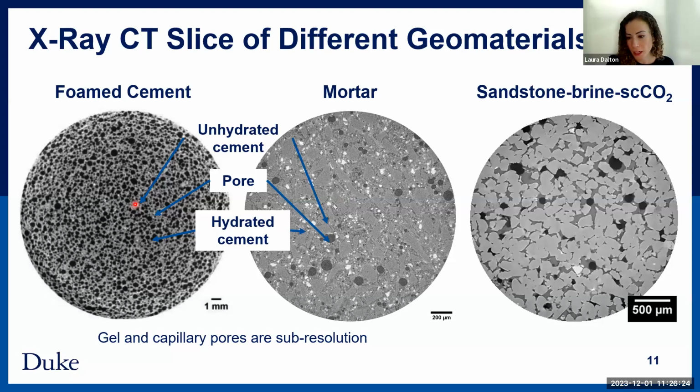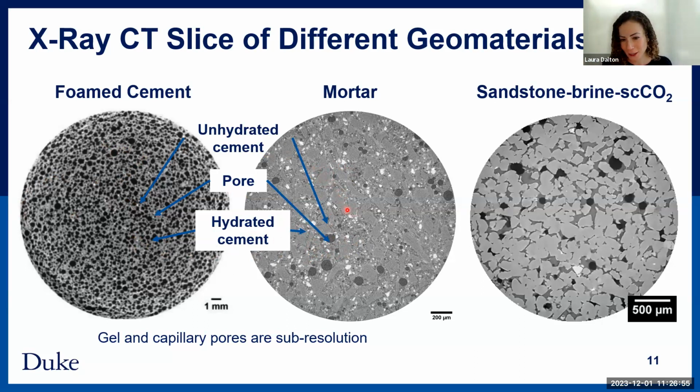The brighter areas are higher attenuating, higher density materials in these composite materials or geomaterials. The darker areas are pores, which are filled with gases, in this case mostly air, very low density, so they show up very dark. Then we have large pores, and hydrated cement is everything in here. For mortar, the sand is right here.